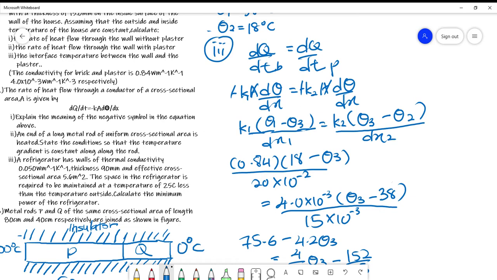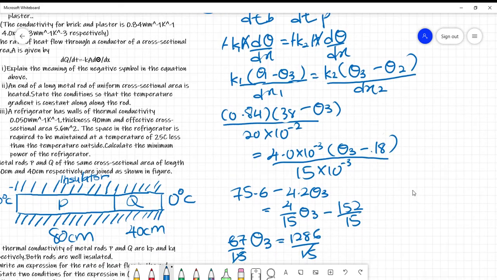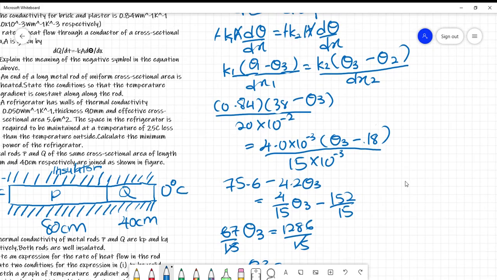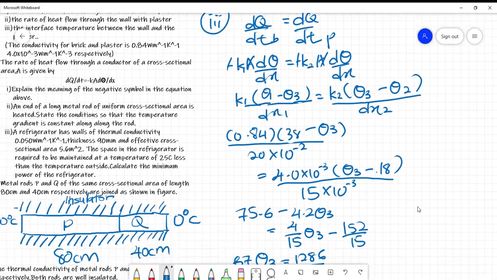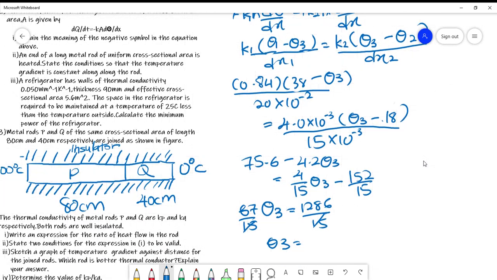Okay, so let me calculate again. So this one is 38 and this one is 18. Okay, so let me recheck again.